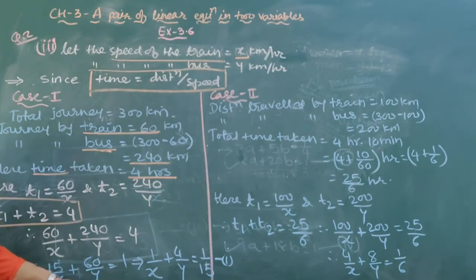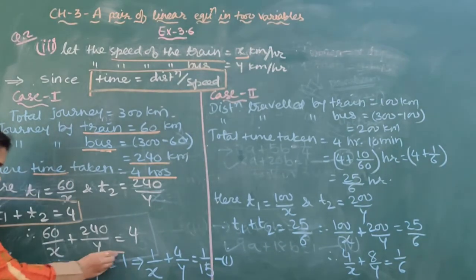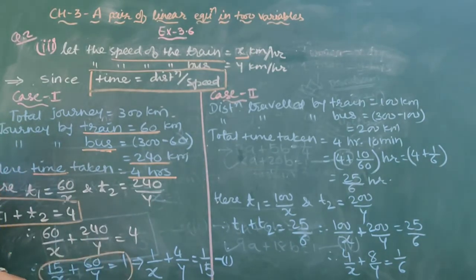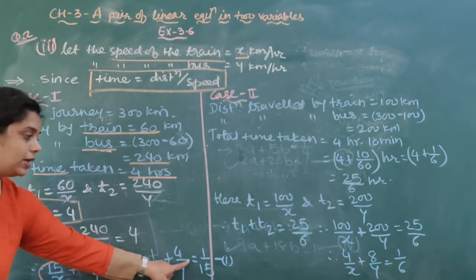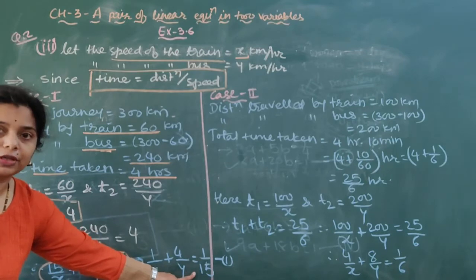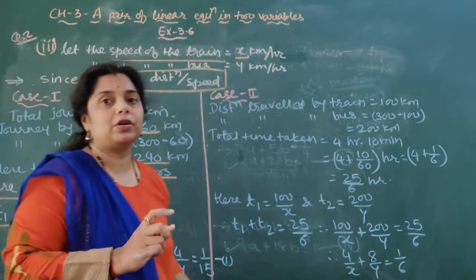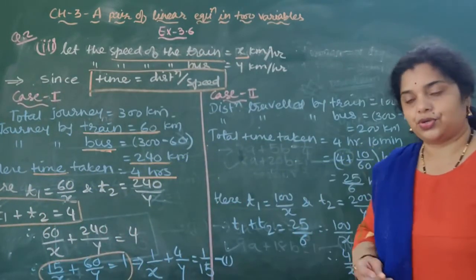And if I divide this whole equation by 15, I will get 1 upon x plus 4 upon y is equal to 1 by 15. So this is our first linear equation.